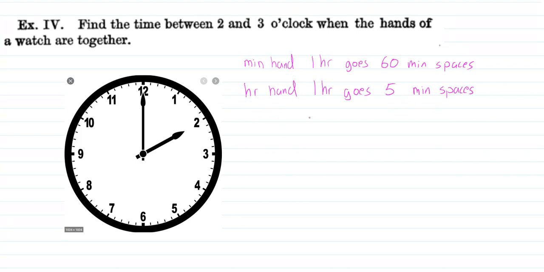And so here's the key observation. We can say the minute hand gains 55 minute spaces every 60 minutes, right? 60 minute spaces is 60 minutes.